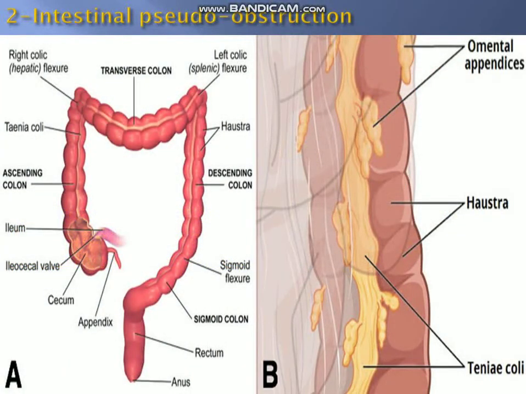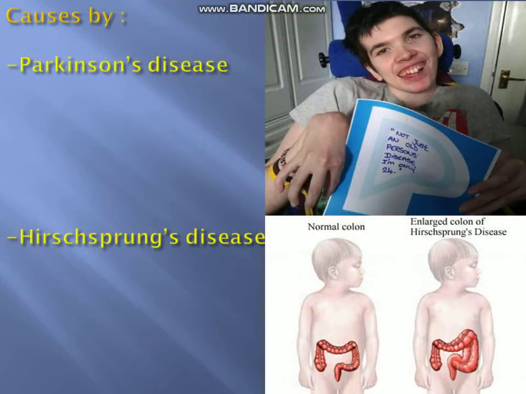The second cause of non-mechanical obstruction is intestinal pseudo-obstruction. It is a clinical syndrome caused by severe impairment in the ability of the intestine to push food. It is characterized by the signs and symptoms of intestinal obstruction without any lesion in the lumen, and is caused by Parkinson's disease and Hirschsprung's disease.